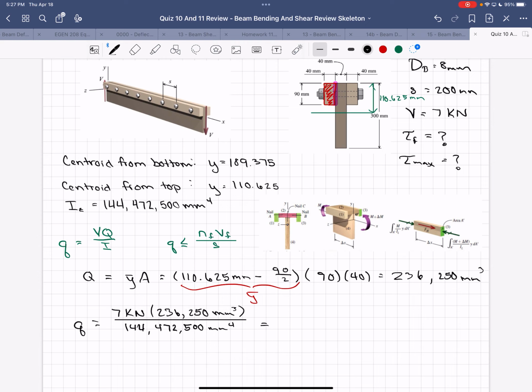And we get little q equals 11.45. I guess I changed this to newtons per millimeter.